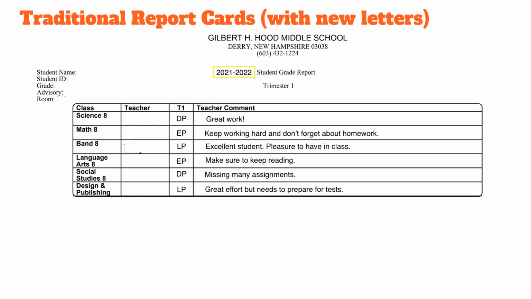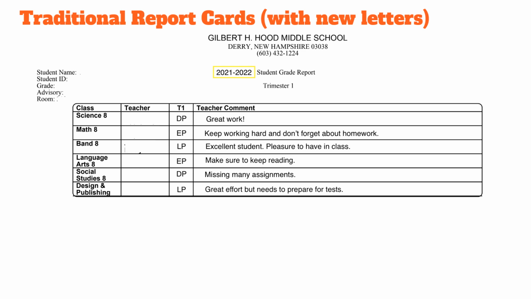Okay. Last year, and actually this started in the pandemic, we moved away from those A, B, C, D, F codes, and we started using DP, EP, and LP. And this is an example of what our report card looked like last year. As you can see here, it's not very different from the traditional report card.